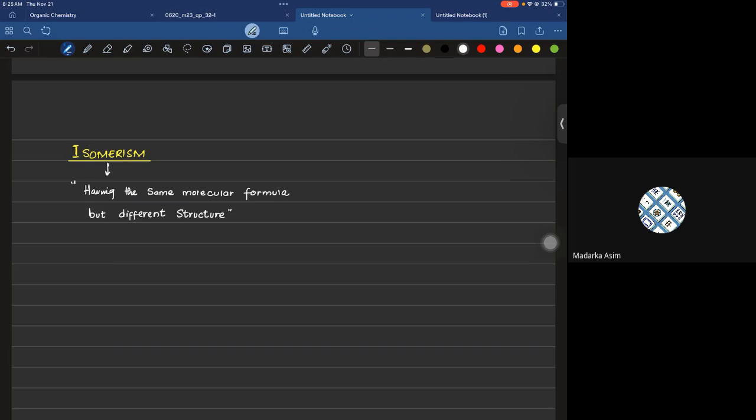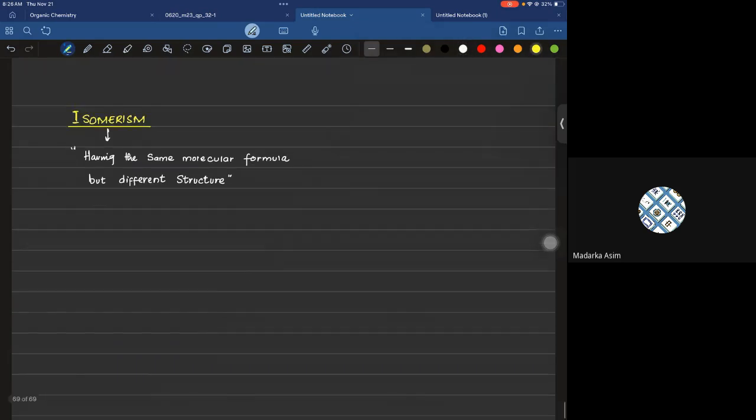Like if you're thinking, how is that possible? If the formula is the same, how is the structure different, how is the arrangement different?